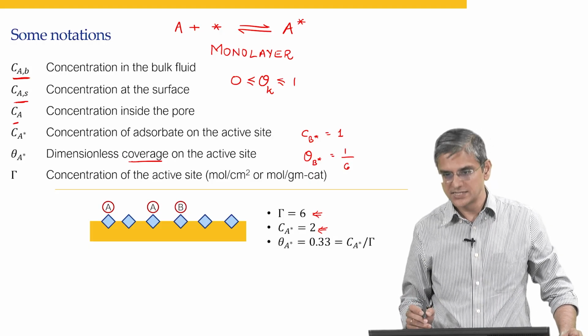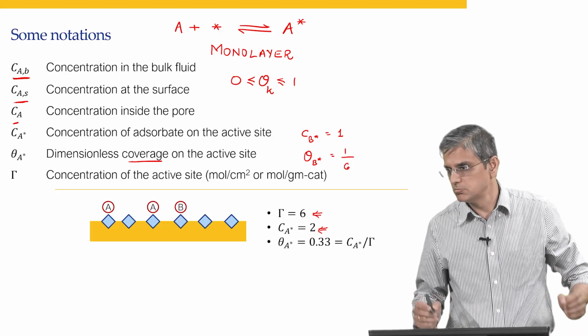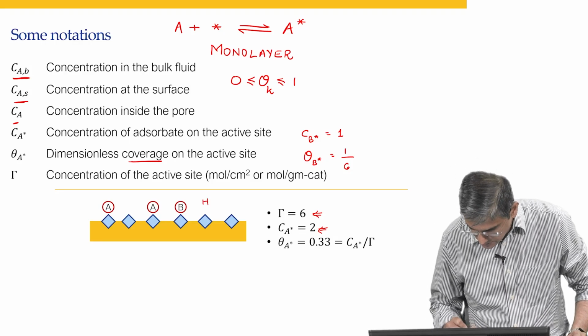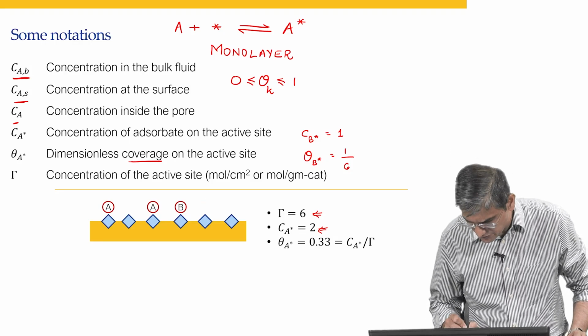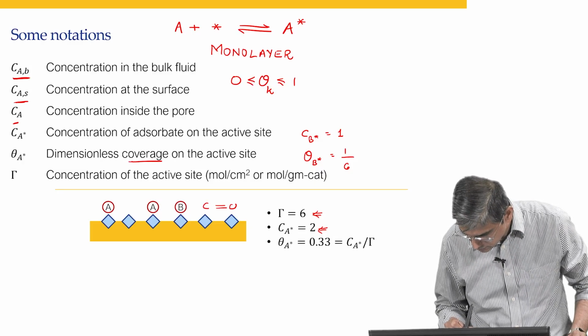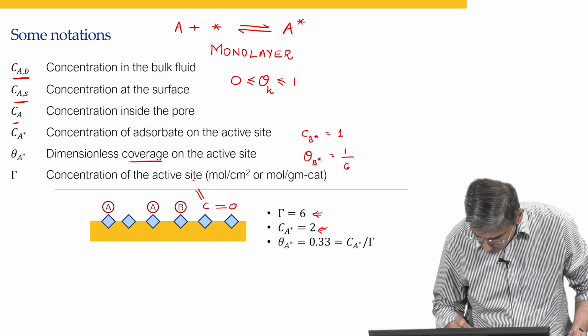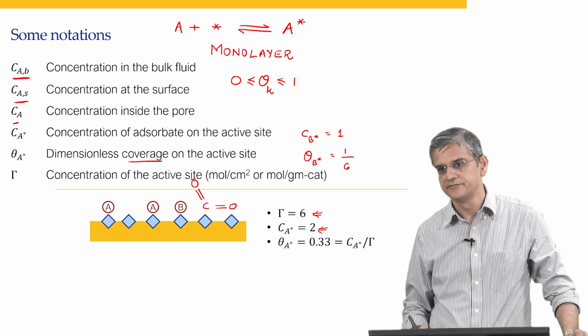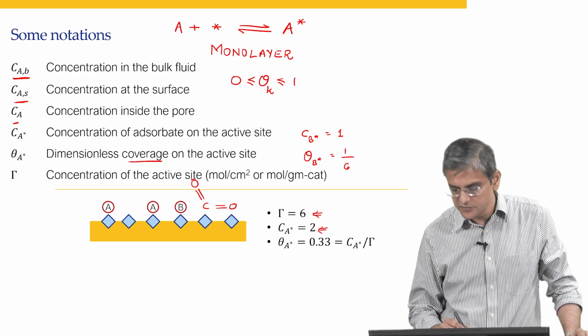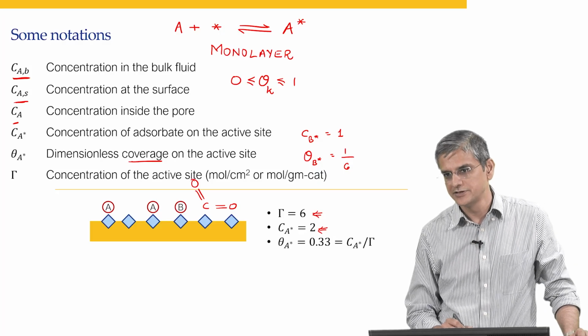So, for example, your ammonia might adsorb like this, or usually, for example, CO2 might adsorb like this. In which case, what is the concentration of CO2 here?